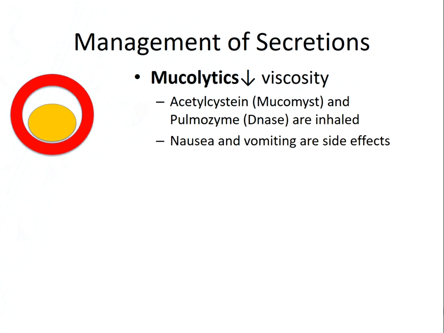So when we think about drugs used for pulmonary issues, there are a couple of issues that we come across in pulmonary disease, and one is the management of secretions. So here we see a cartoon of an airway, and here's a blob of mucus.